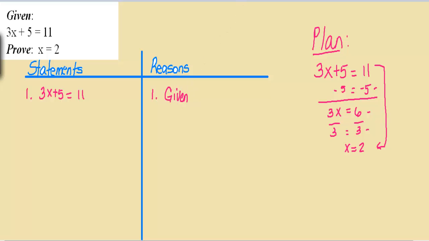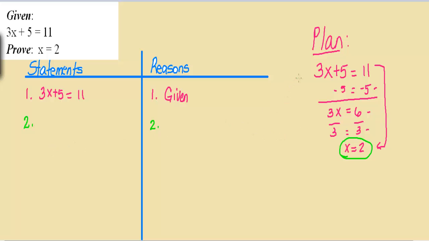For my second statement, remember your plan. In your plan, the first thing you did to get to the proof statement was subtract 5 from each side. Now, we can't write minus 5 on each side here in the statements column because we're not doing algebra in the statements column. We're simply presenting statements and proving that what we're doing is valid.